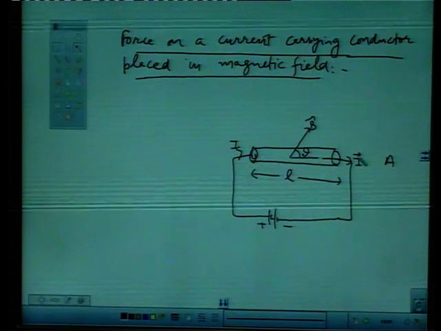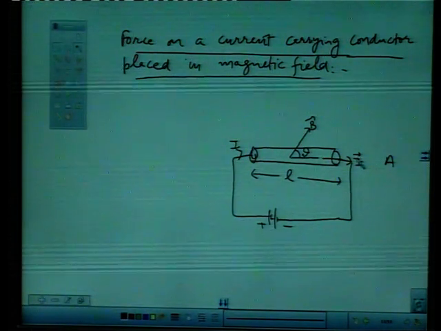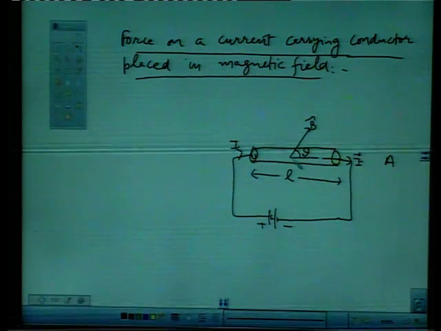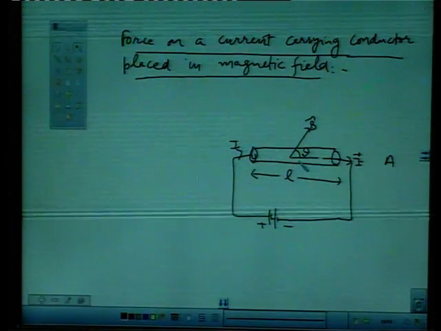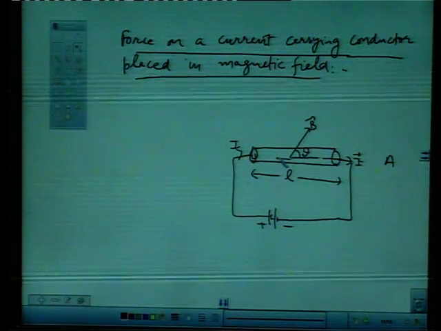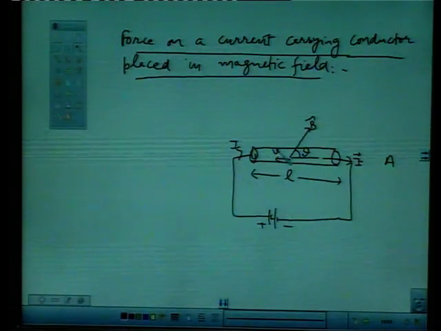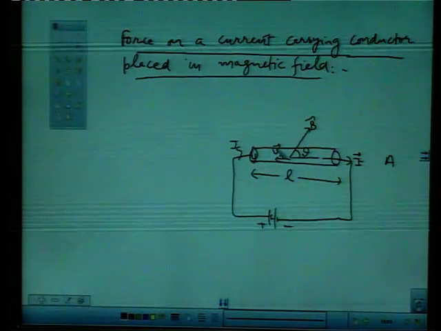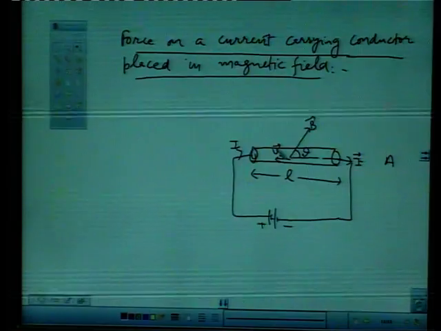Now if the current is from positive to negative direction, the electrons will be moving from negative to positive direction. The electrons have drift velocity Vd, which is from negative to positive direction.